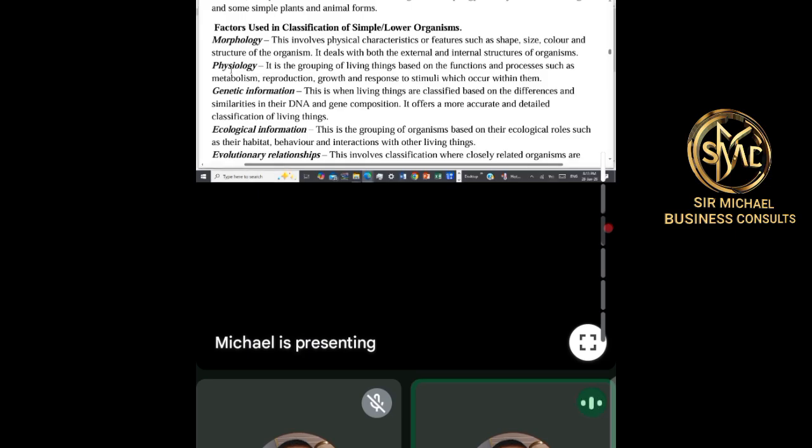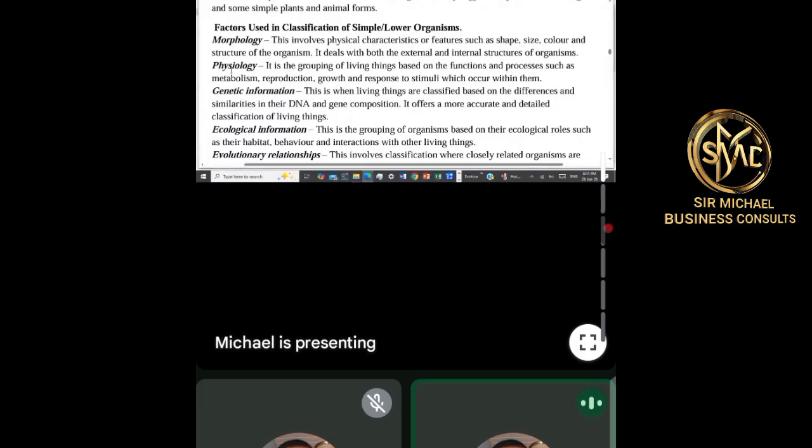So, factors used in classifying organisms. We have morphology. You are going to explain these things because you learn branches of biology, and I'm sure in our various schools, teachers will talk about these things. So morphology, then physiology. Anatomy is not here, so it means that morphology will be taking part of anatomy.